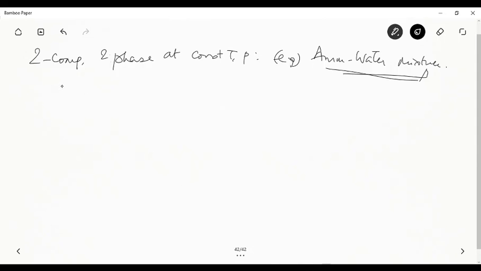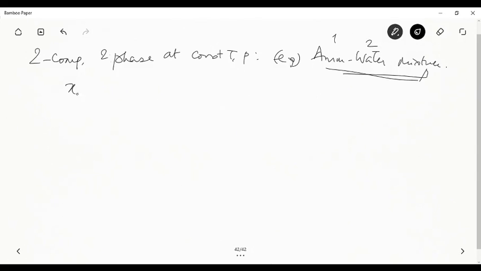two Raoult's laws which can be specified. Let me not write water. We just write 1 and 2. Let us say ammonia is 1 and water is 2.